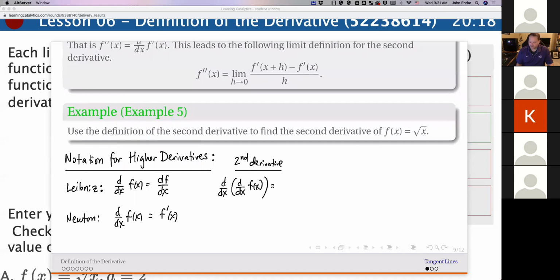That's how we define a second derivative. You're taking 2 derivatives. And the Leibniz notation for that is actually really clever. You think of the d here in the derivative operator as being a differential. So d times d is d squared of f. And in the bottom, you have dx squared.